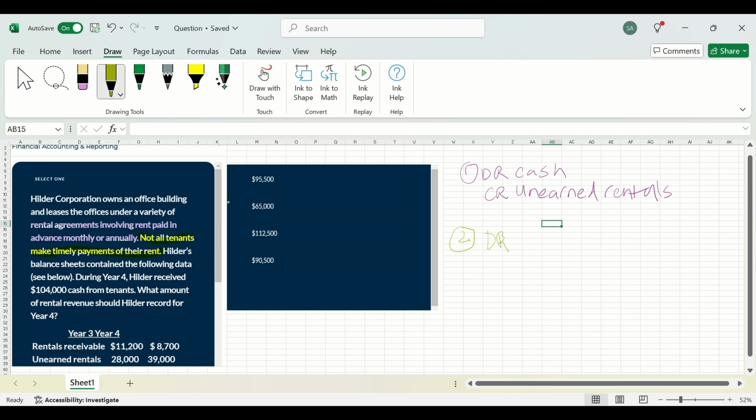The first will be debit rental receivable and credit rental revenue. After the tenants had paid, the entries will then be debit cash and credit rental receivable.